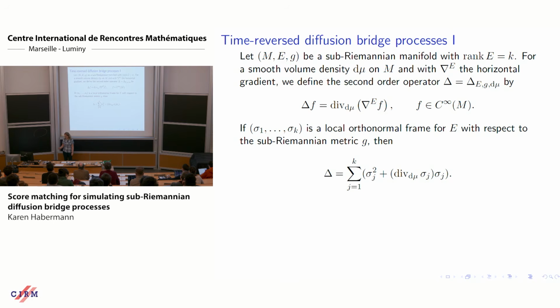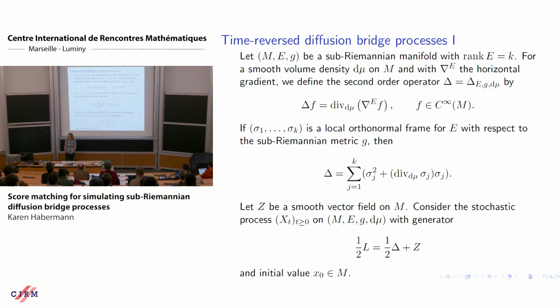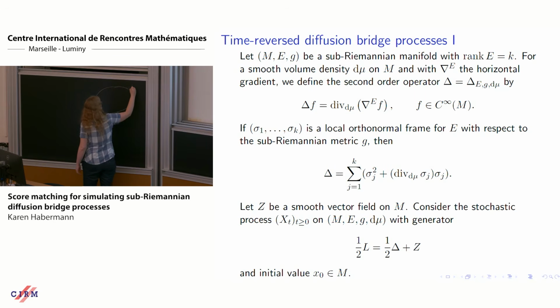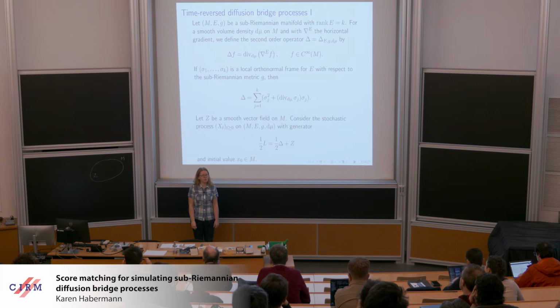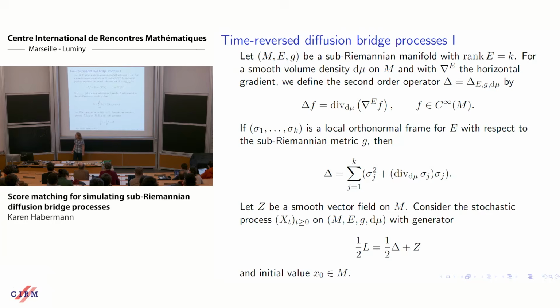Now what we care about is, first of all, a simple diffusion process on this manifold M. We fix a point x0 on this manifold, which is throughout our starting point for the diffusion process.